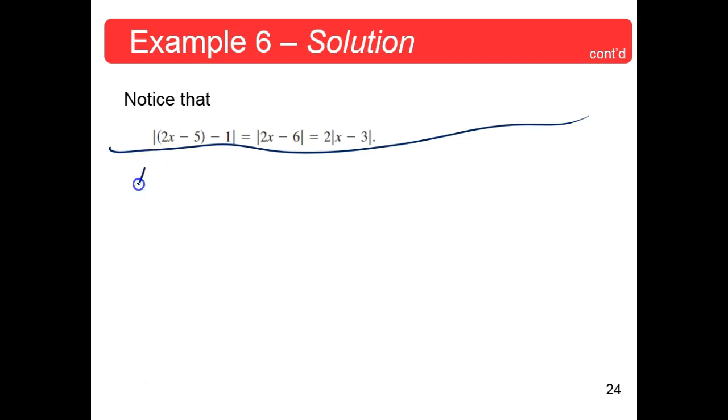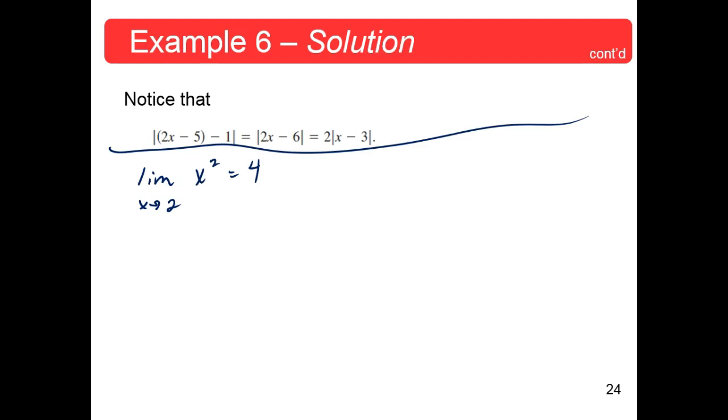Prove that the limit as x approaches 2 of x squared is 4. This is example 8 in the text, at the bottom of page 58.